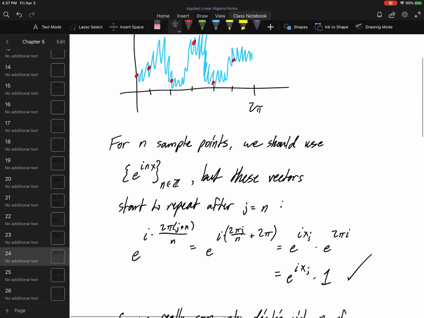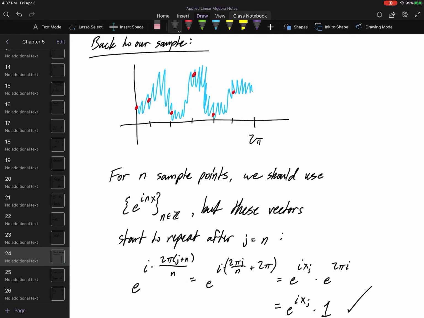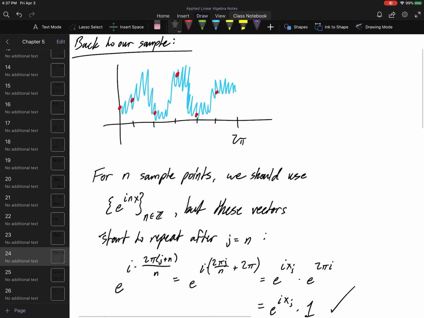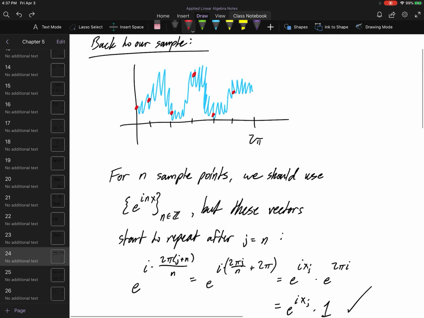So we can really only distinguish n of these functions. Based on our samples, we can only distinguish n different trigonometric functions here. I really should put a k here to distinguish it from the n with the number of samples.